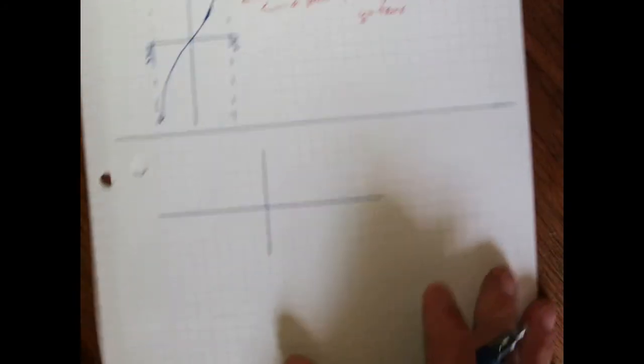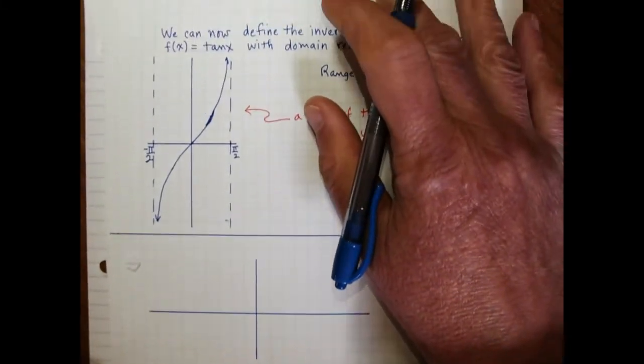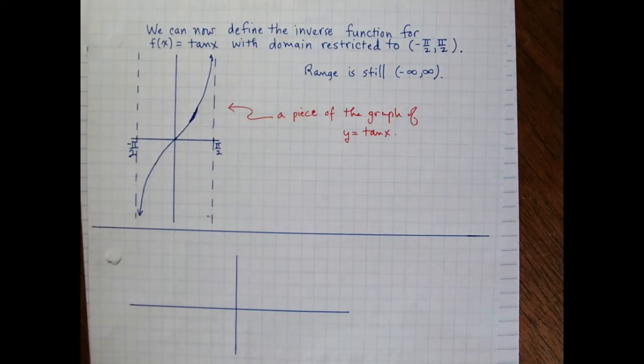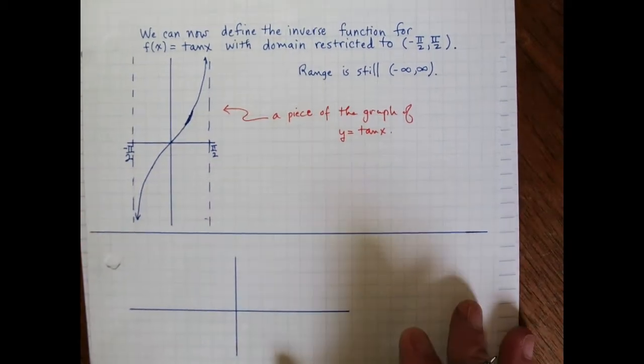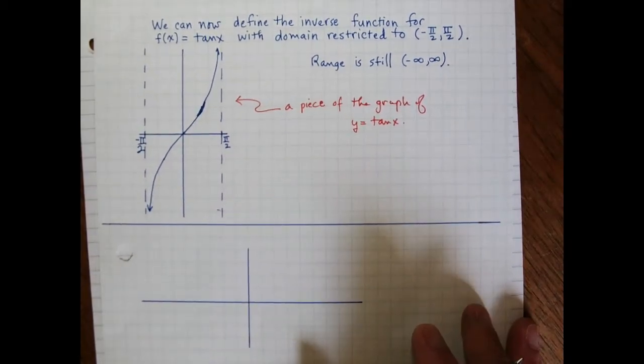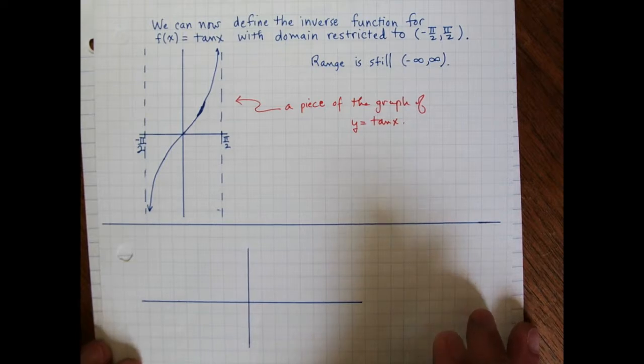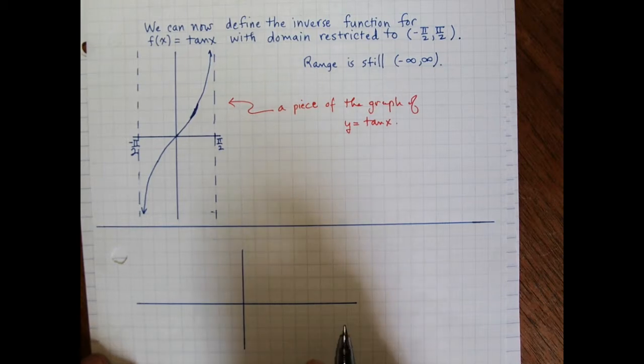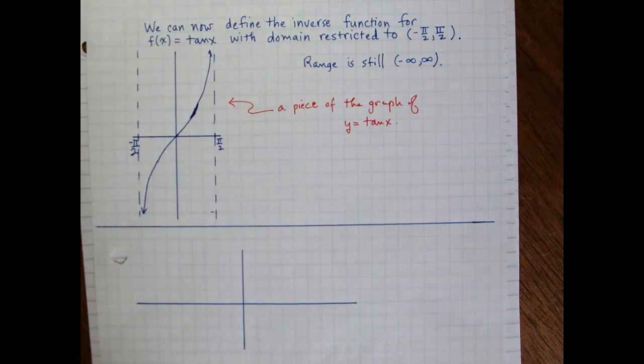So here I just redrew what we just did. I have that ready here. So there's our portion of the tangent with the restricted domain. Now we want to obtain the graph of the inverse function.